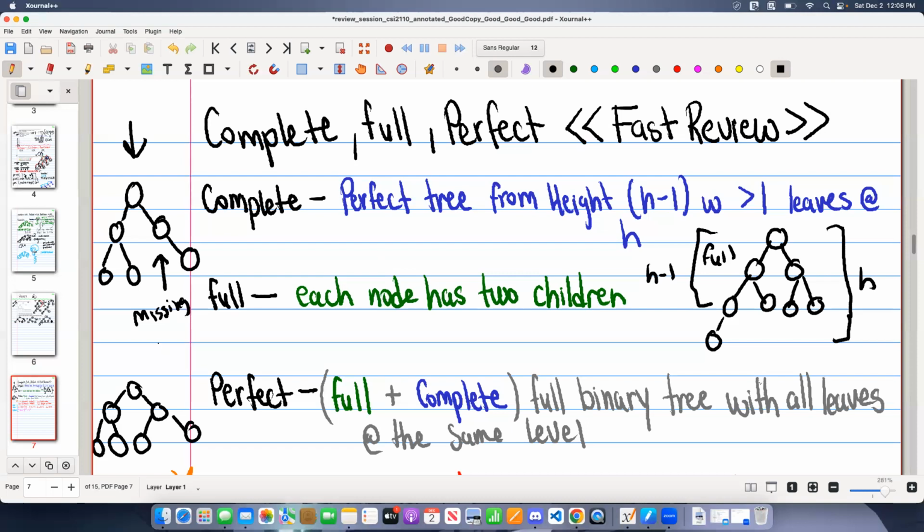If it's not a full tree, then it can't possibly be a perfect tree. So it's not perfect, not full. I don't know if you still remember discrete math, but this is how I associated it when I took it: if perfect, then full.